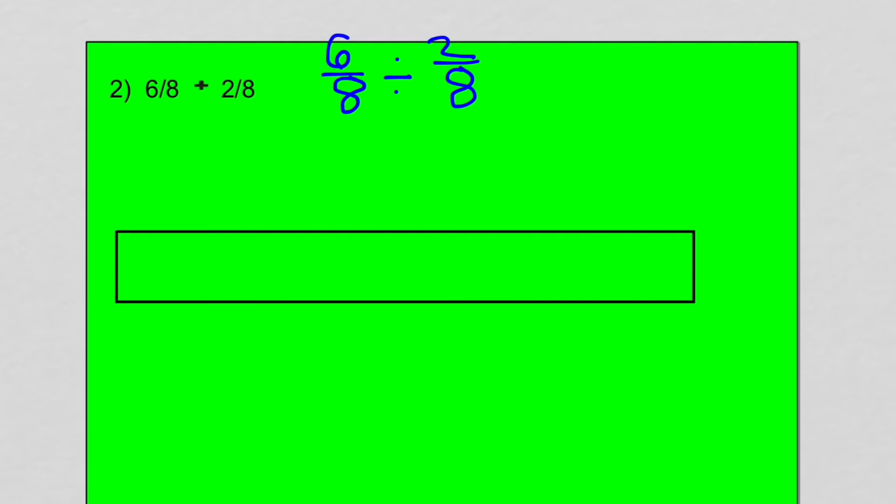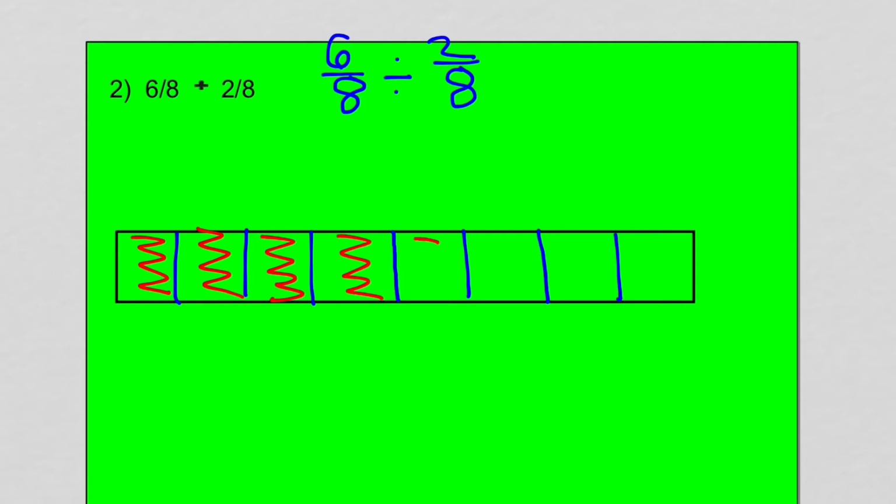Well, let's divide our rectangle into 8ths. Remember, our rectangle represents one whole. And we want to show what 6/8ths look like inside of that whole. So we'll divide it into 8 parts. Shade in 6. So there's 6/8ths.